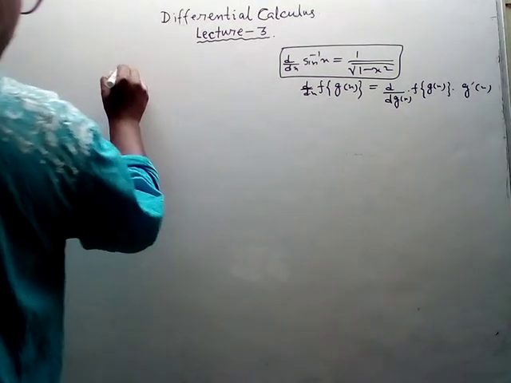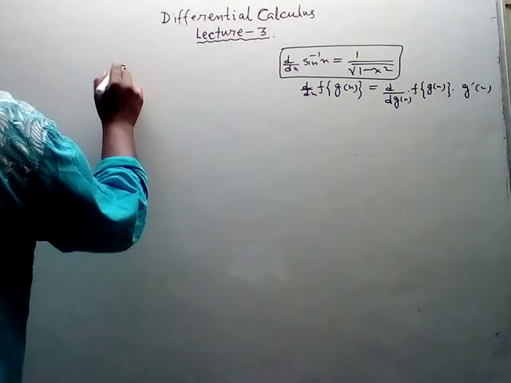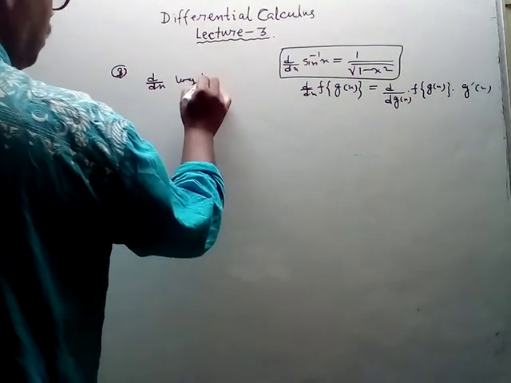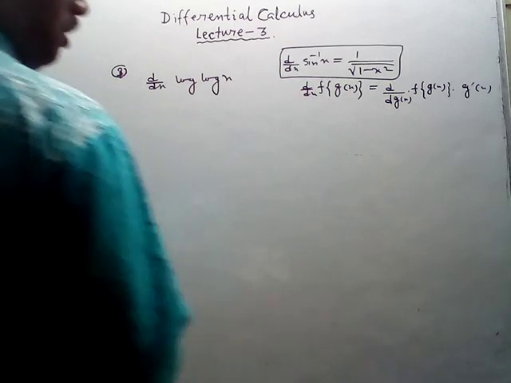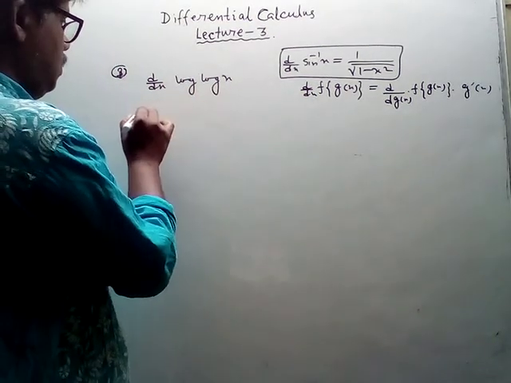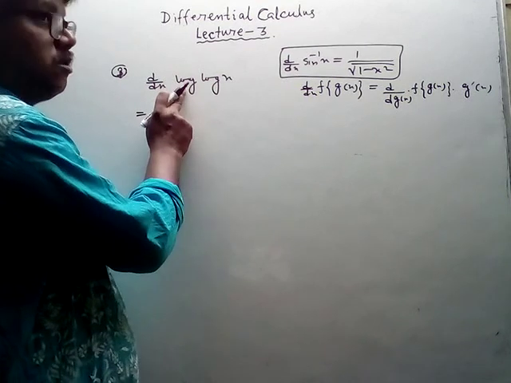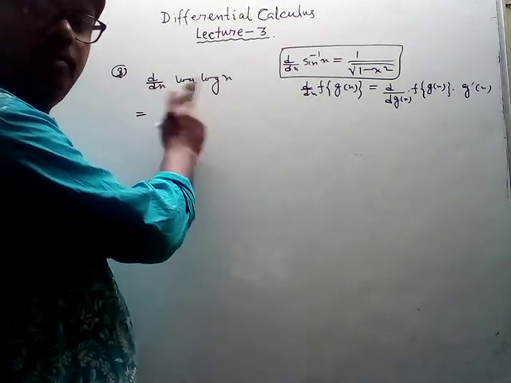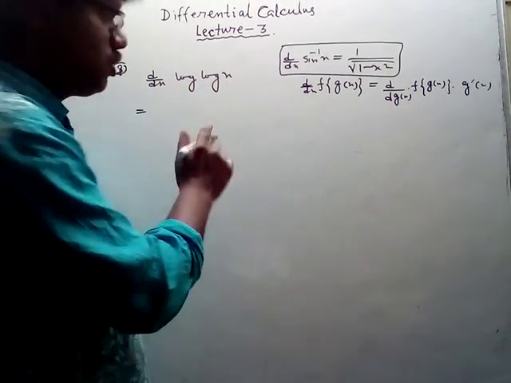Simple example 3: d/dx of log log x. There are two functions. First is the log function, then the log of log. So first we take the outer log. The derivative of log z is 1 by z, so 1 by log x.